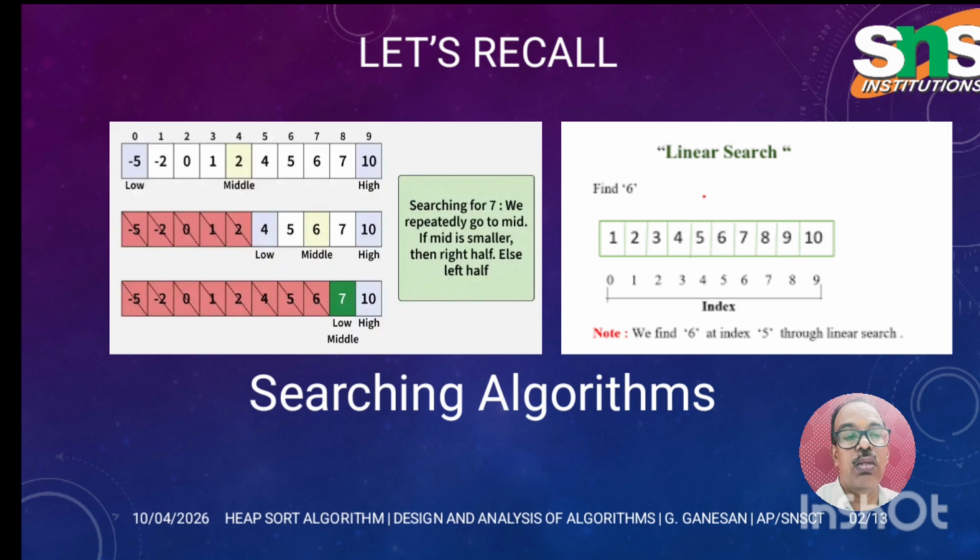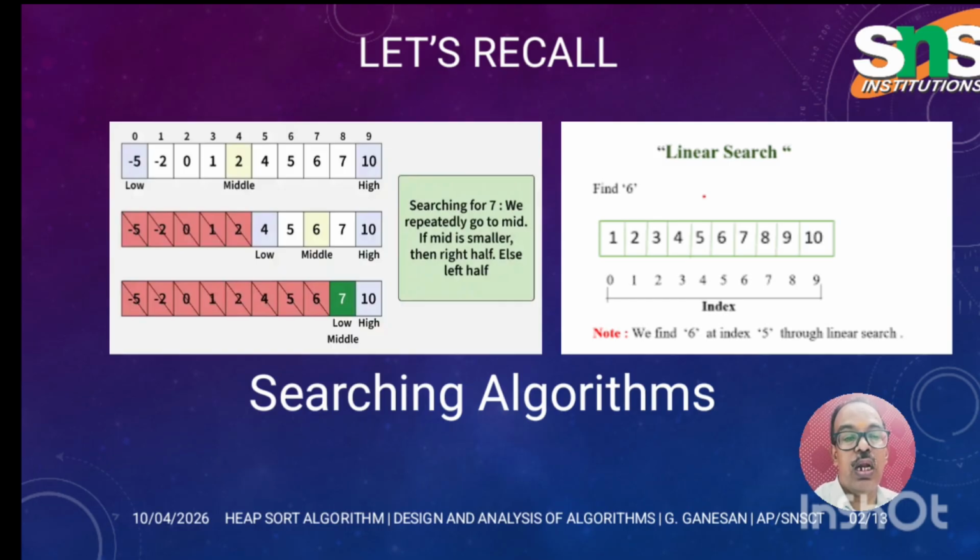The second searching algorithm is binary search, which is a little better than linear search. This technique sorts the elements in either ascending or descending order, then divides the array into two groups and compares the middle element with the element we want to find.